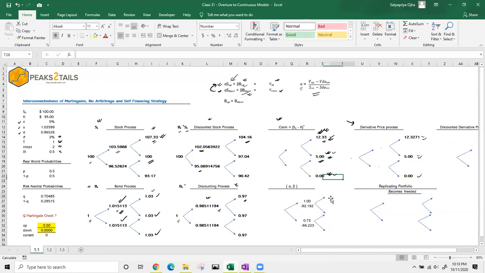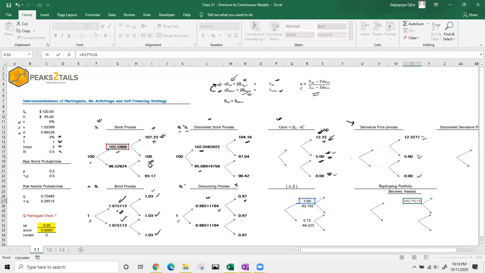Okay. So replicating portfolio, let me see. What is the portfolio value at this point? That is alpha times stock. Stock in this node is what? 103.5988.